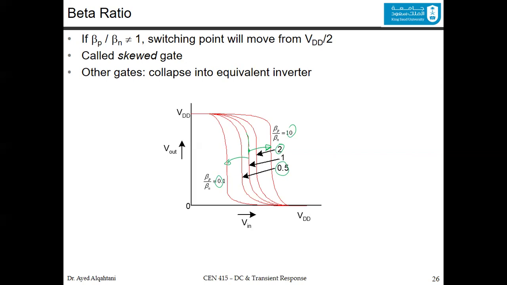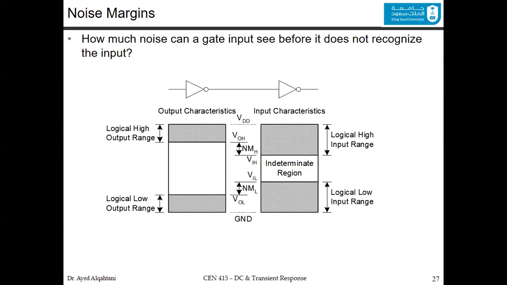So to understand better, let's discuss the noise margins. Let's say you have two very simple circuits, an inverter followed by an inverter. The output of this inverter, given by a certain output characteristic, is fed to the next circuit, which is this inverter, as an input.